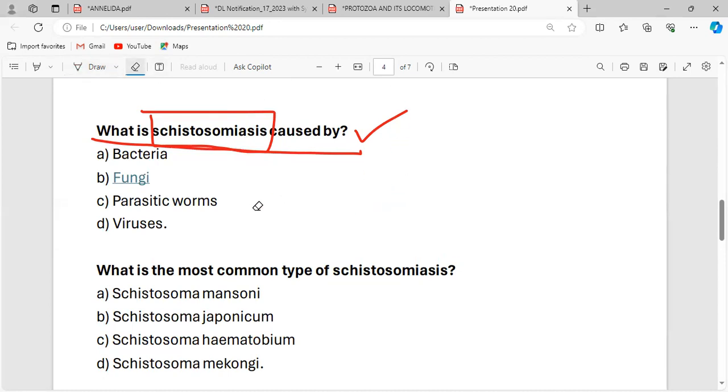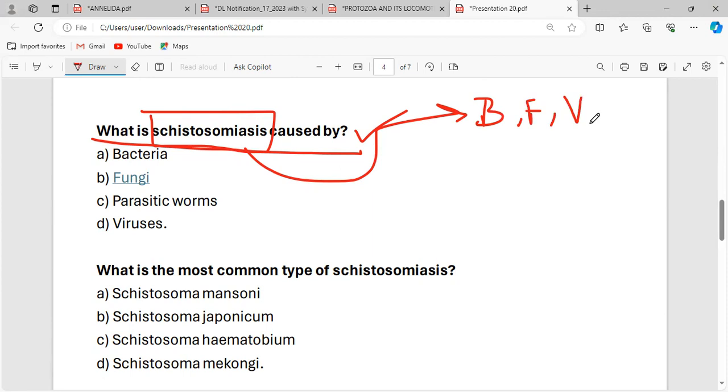The first thing you have to know is which organism causes it, whether it is a bacteria, a fungus, a virus, or parasitic worms. First thing you have to remember this. And the second thing is the mode of transmission.